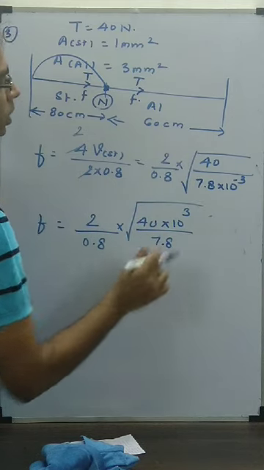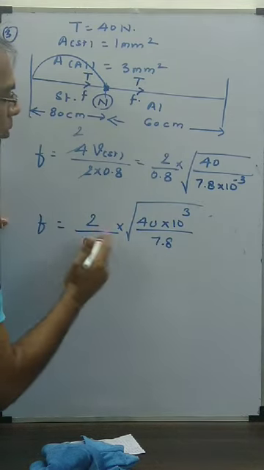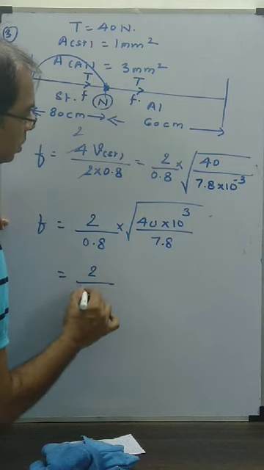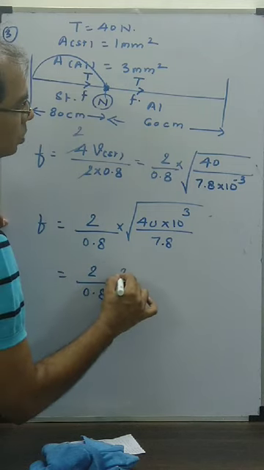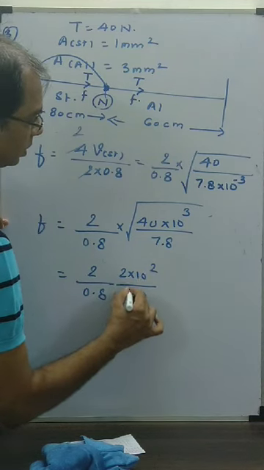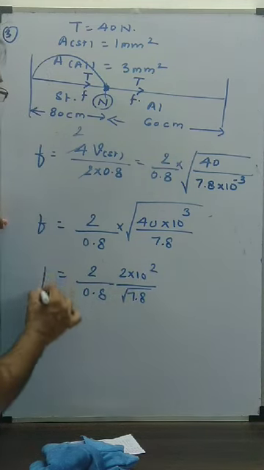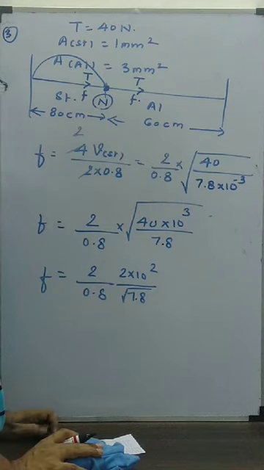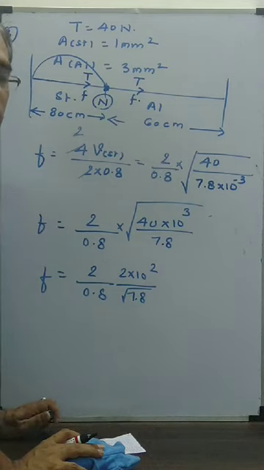So this is 4 into 10 to the power 4. What will come out? 2 into 10 to the power 2 is outside, by root 7.8 is here. So this is the frequency of the tuning fork, which is going to produce the minimum frequency in this string. Okay, so that's all for now. We'll close the class over here.